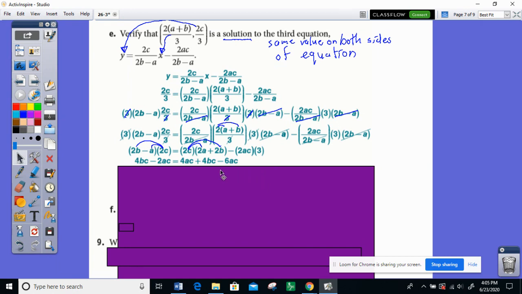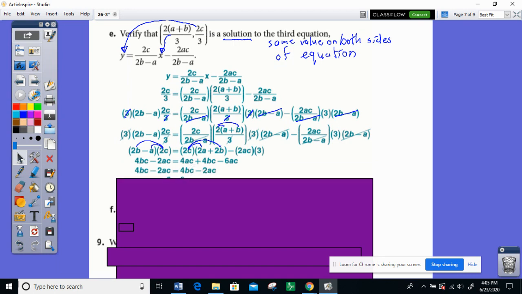Well, this is looking pretty good for that because I've got a 4bc here, I've got a 4bc here. When we combine the 4ac minus the 6ac, we get negative 2ac. There we go. So we've got the exact same value on both sides of the equation.